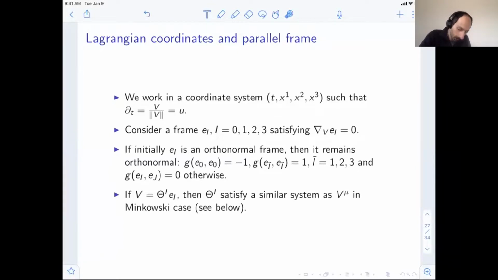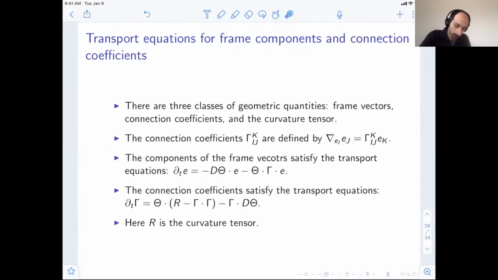And before I come to the fluid equations in terms of this frame, let me say what else happens. There are geometric quantities to control, and there are really two types of these geometric quantities. There are the frame vectors, right?